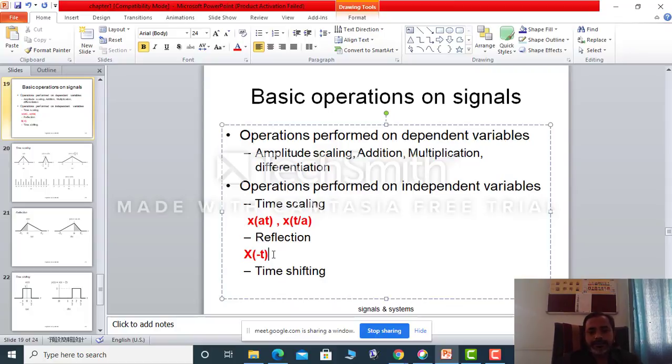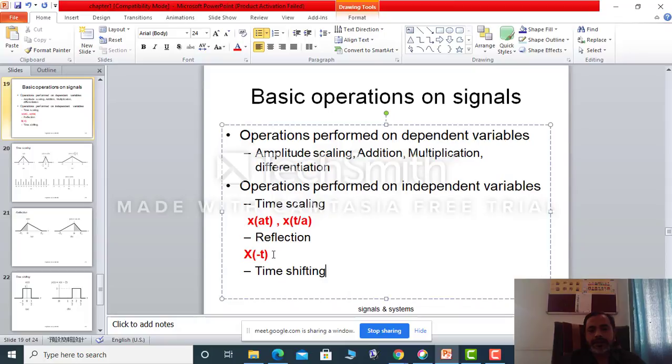Next operation, time shifting. As the name suggests, a shifting operation is carried out on time axis.